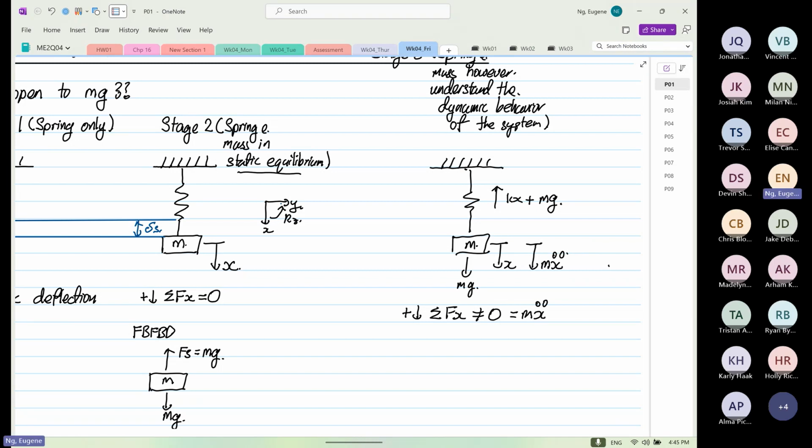So now we do the summation of forces, with going down as positive. So mg minus kx minus mg is equal to mx double dot. You cancel this, and mx double dot plus kx is equal to 0.